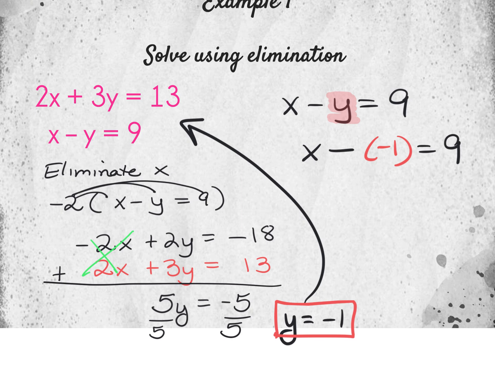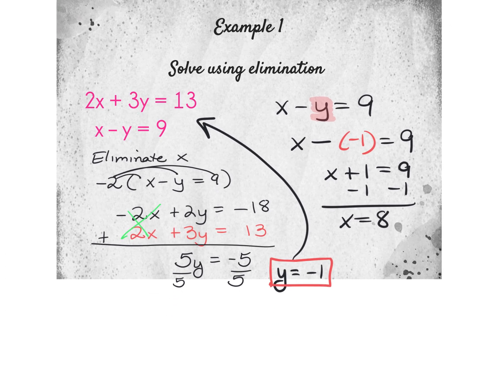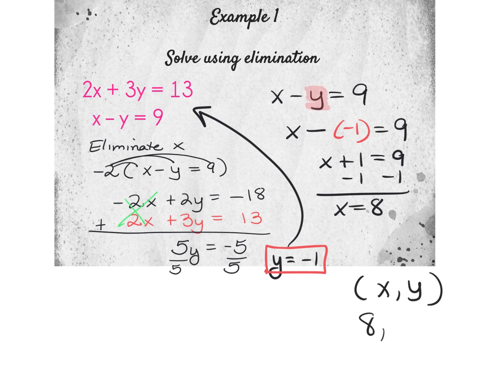I can now simplify that negative and make it x plus 1, and then subtract 1, and x equals 8. Now remember, be very neat when you're doing this so you remember which variable you've solved for first, because you're going to be writing your answers as ordered pairs, x comma y. So it'll be 8 comma negative 1.